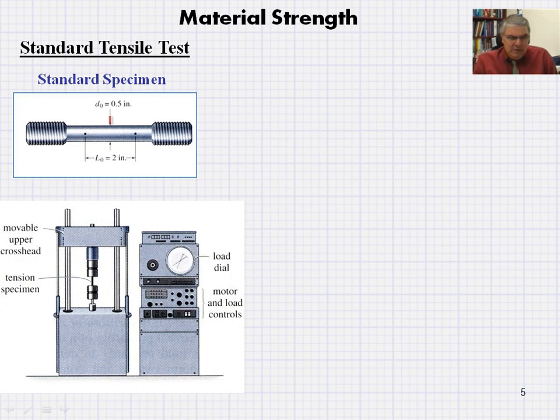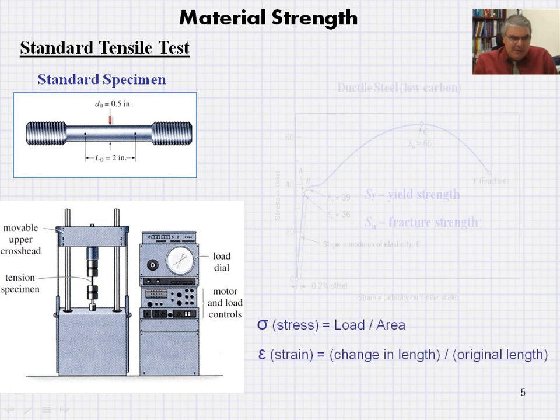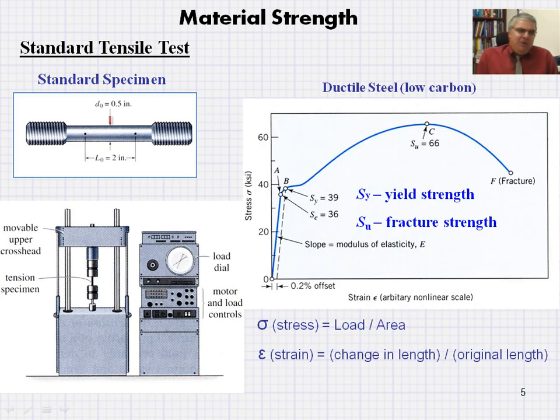We have also talked about material strength in general. We talked about stress strain diagrams, and I'm going to mention here again that the stress strain diagram is perhaps the most widely used diagram in dealing with material strength.